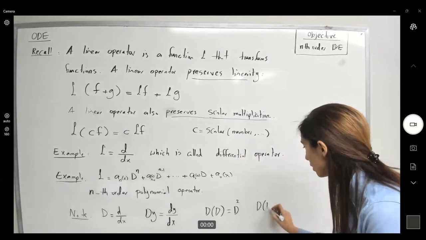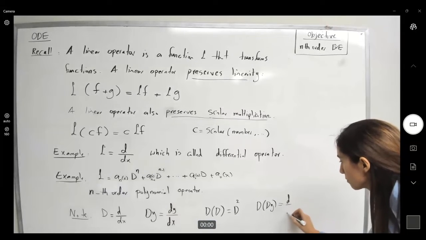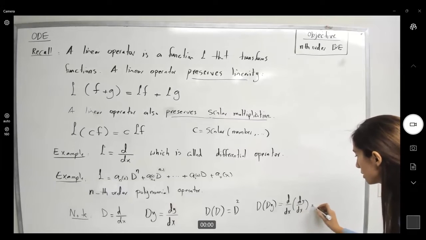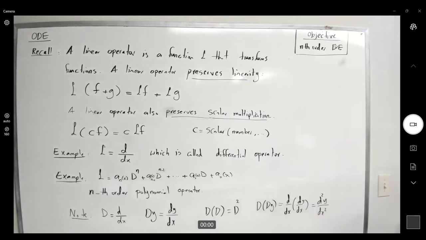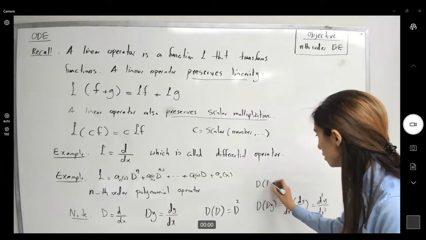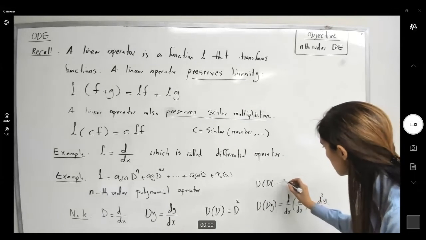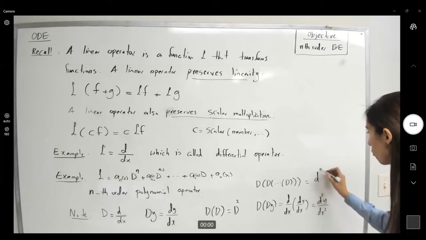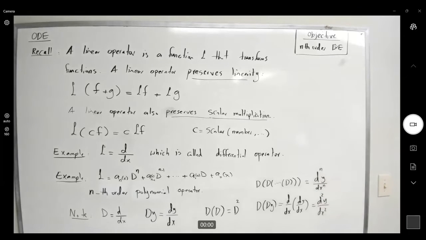So if you want to write D squared y, it becomes d/dx d/dx of y, which is the second order derivative of y with respect to x. Then we generalize the idea that if you repeat this n times, this becomes the nth order derivative of y with respect to x.